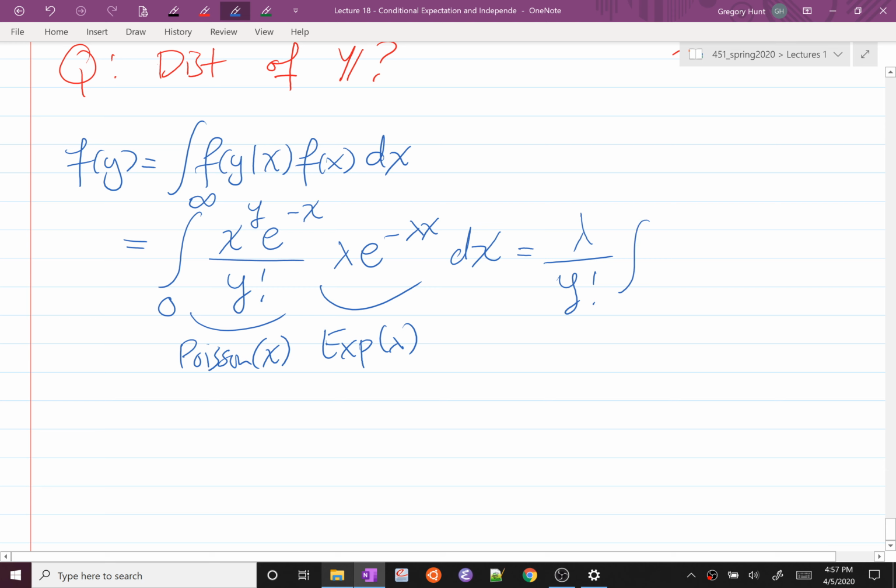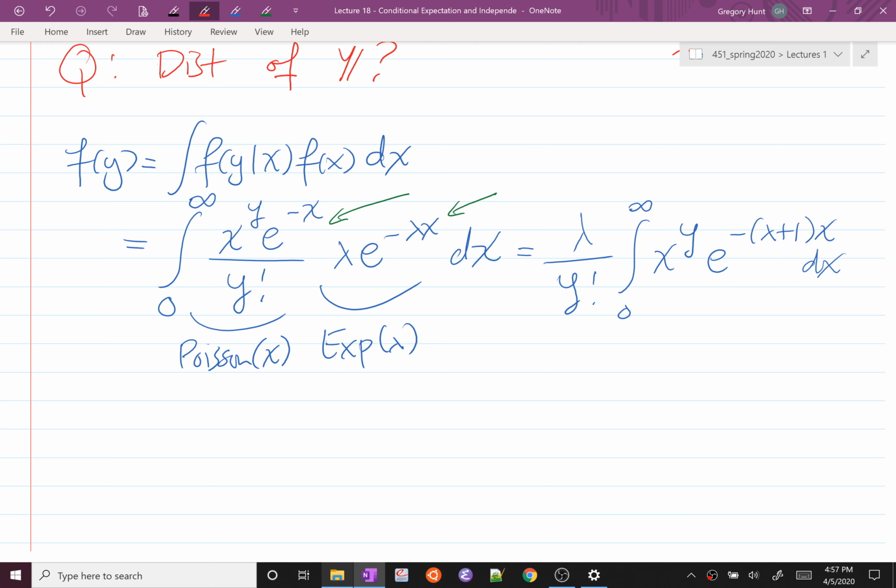And so I'm left with the integral from 0 to infinity of x to the y, e to the negative lambda plus 1 times x. I can combine my e to the negative x with the e to the negative lambda x, so e to the negative lambda plus 1 x. And of course, I'm integrating with respect to dx.